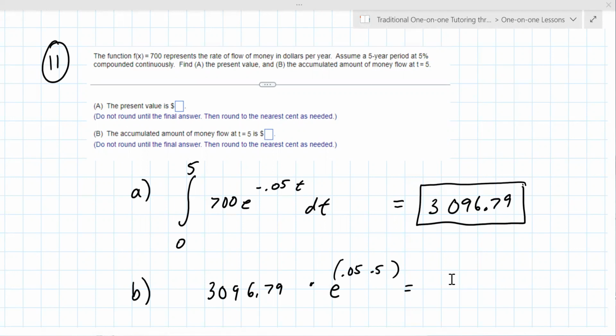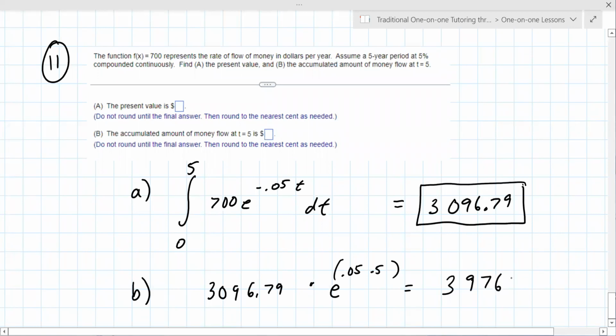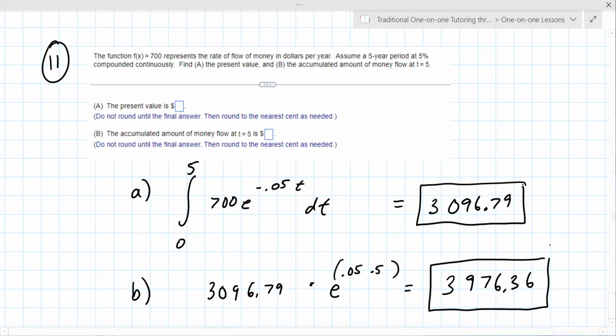Okay, so this is what it's worth: $3,976.36. When we're investing, you'd like to know what it's grown to, which is what this is trying to show you.